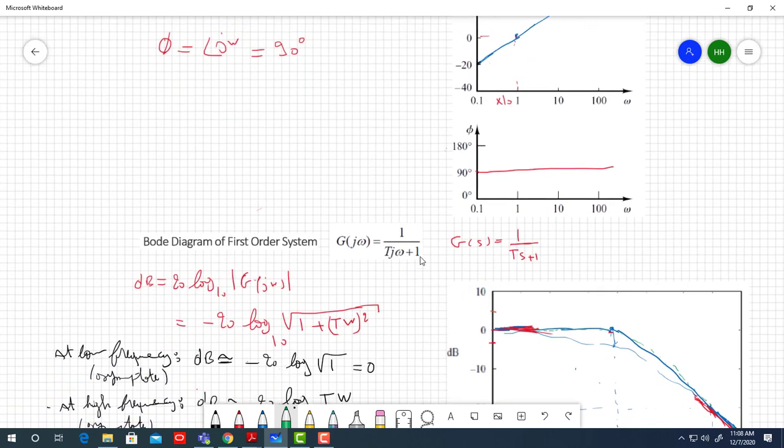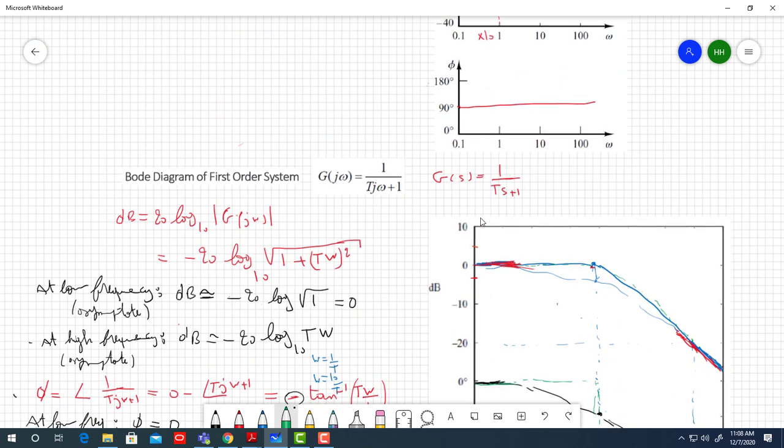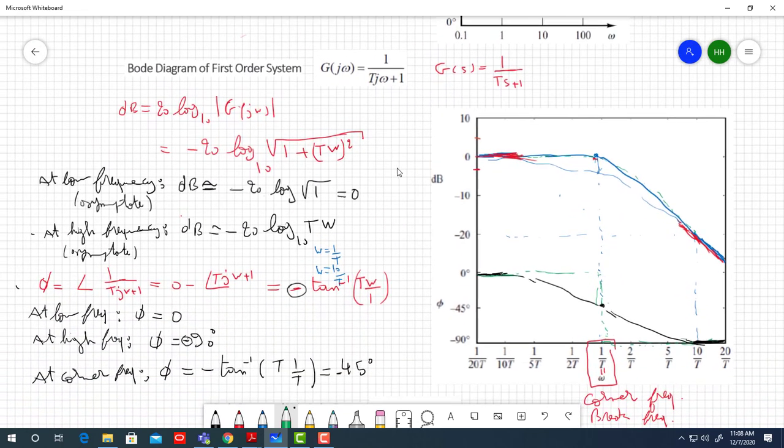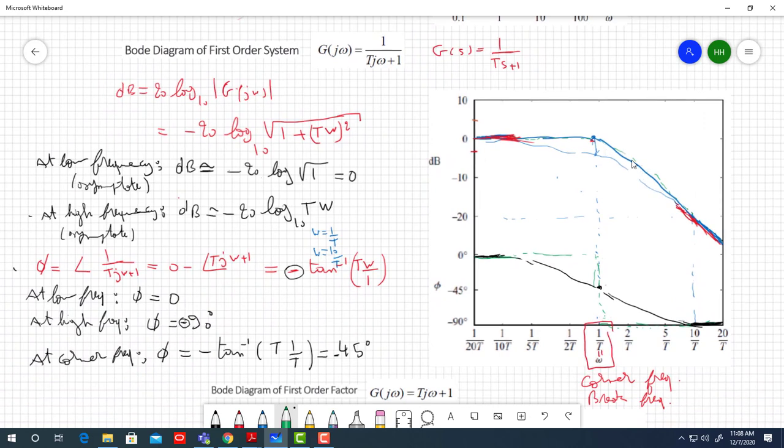So what if it is a first order system like 1 over ts plus 1? As we demonstrated, we have two asymptotes with the corner frequency equal to 1 over t.